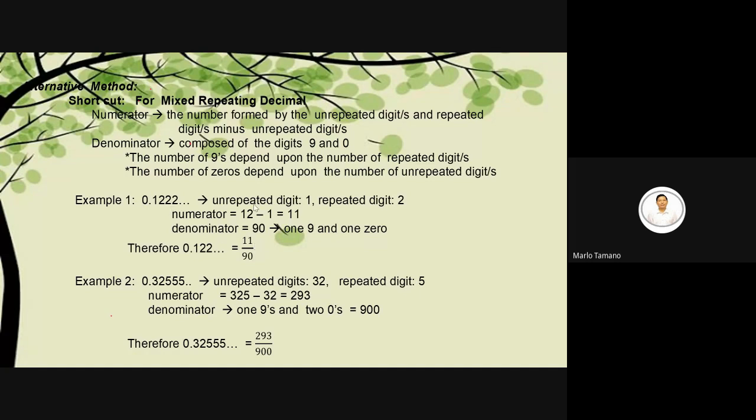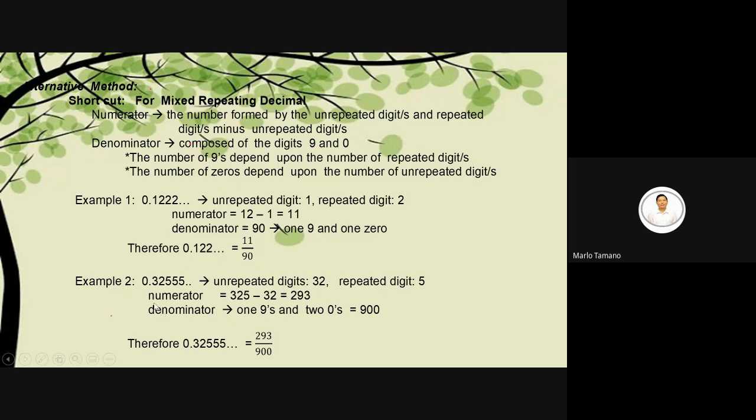So, numerator ninyo ay 12. Babawasan nyo ng 1 kung ano yung first digit po. So, nagiging 11. Tapos ang denominator ninyo, 90. 1 nine, and 1 zero. Therefore, 0.1222 is equal to 11 over 90.